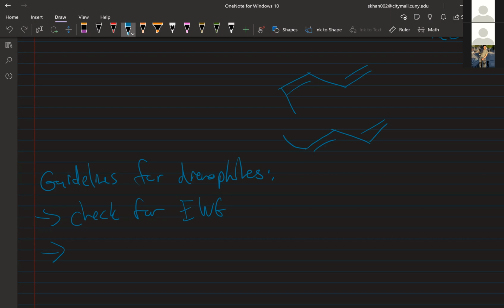That would make them less reactive, but that kind of goes hand in hand. But for dienophiles, mainly it's check for electron withdrawing groups, more reactive, right? Maybe I'll just make a little note saying EDGs make dienophiles less reactive, right?